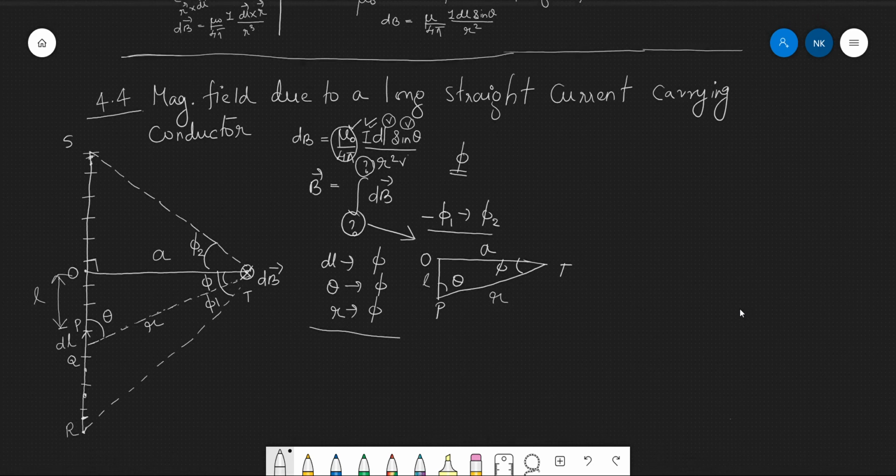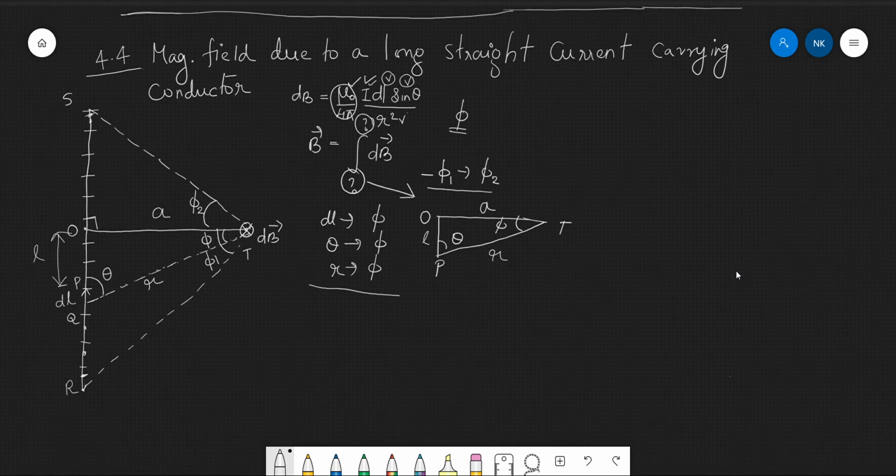I need more space. So it's very clear, L upon a, that is tan phi. Okay, so L equals a times tan phi.